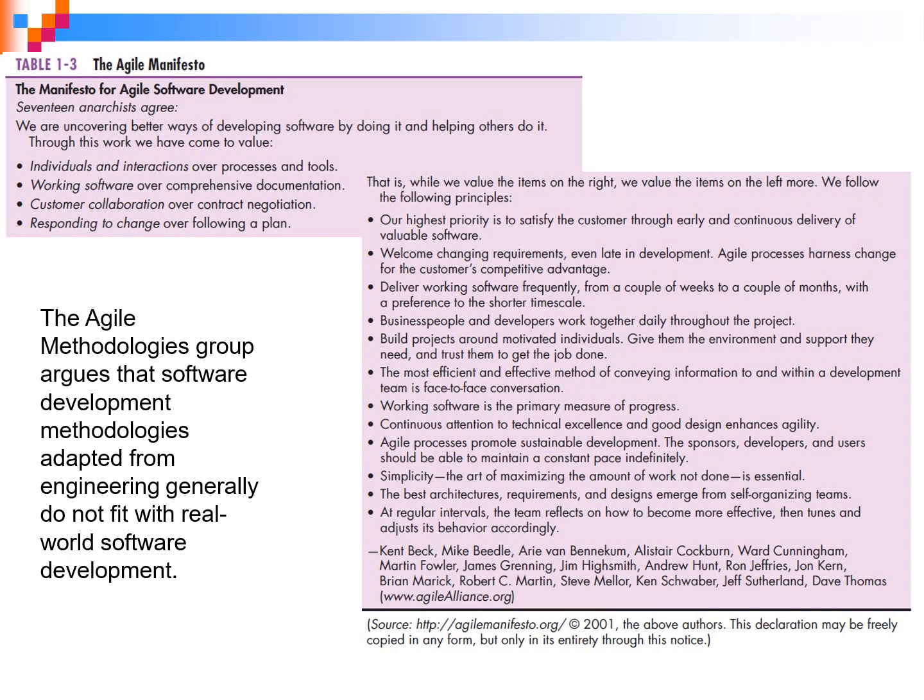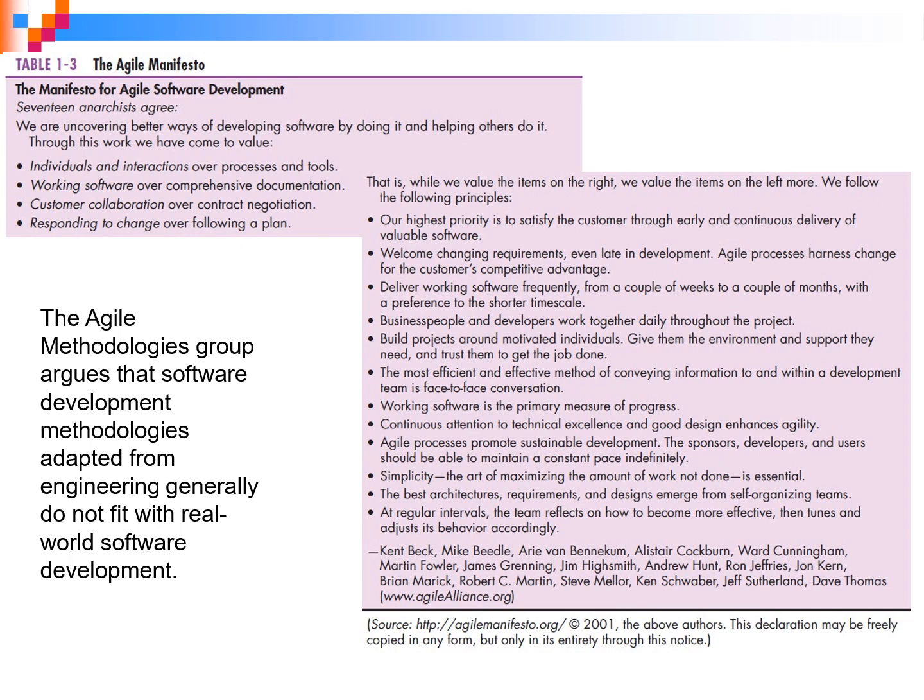Okay. So, agile methodologies group argues that software development methodologies adapted from engineering generally do not fit with real-world software development. So, yung daw engineering ng software development or like computer engineering niya, hindi nagpi-fit daw sa real-world software development.